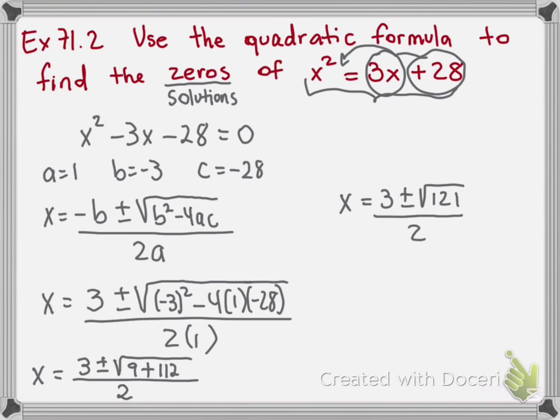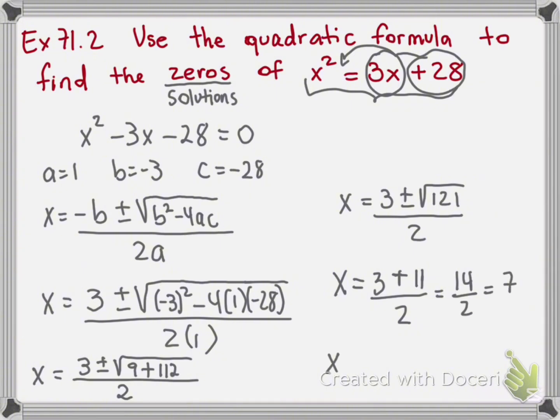Now these two examples are nice because both of them are perfect squares, so that makes it easier to simplify. So we have 3 plus the square root of 121, which is 11, over 2, and that equals 14, and 14 divided by 2 is 7.